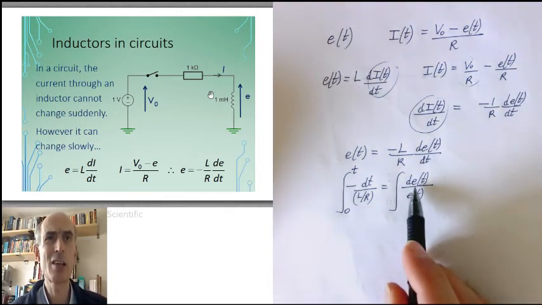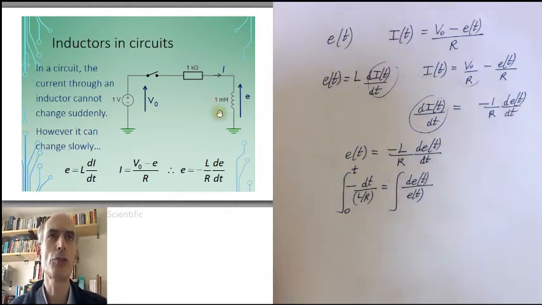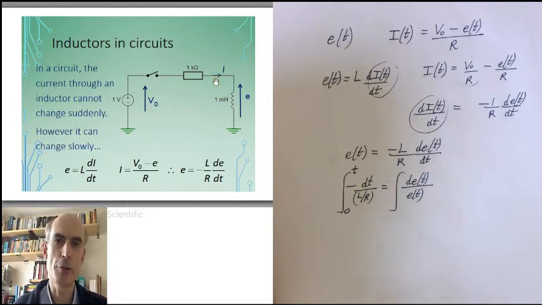At time t equals 0, the voltage across the inductor is equal to V0. And I know that because there's no current flowing through the inductor just after the switch is closed, because there was no current flowing through it just before the switch was closed. If there's no current flowing through the inductor, then there's no current flowing through the resistor.